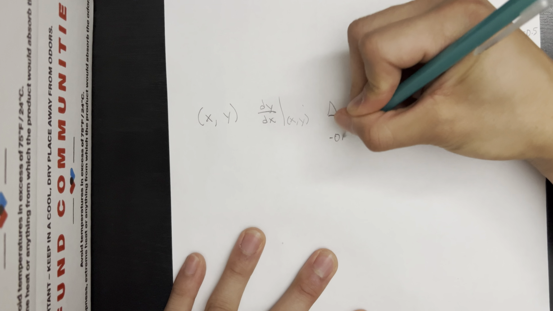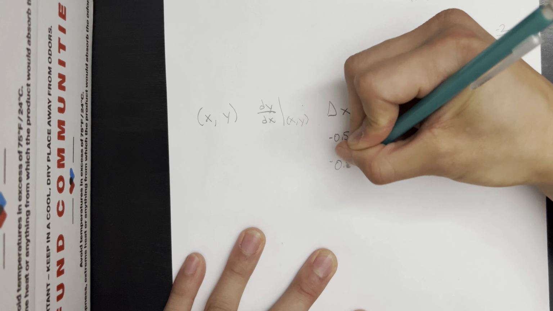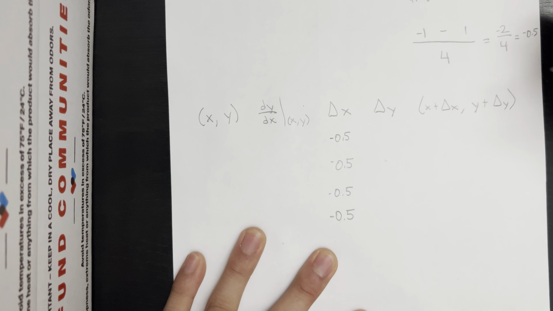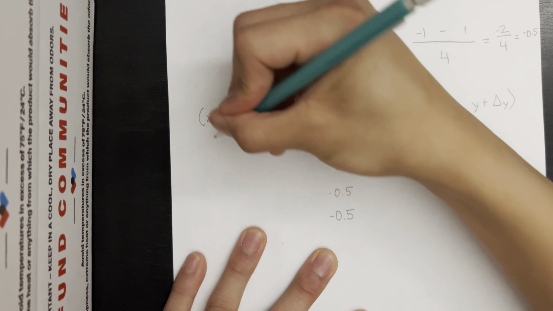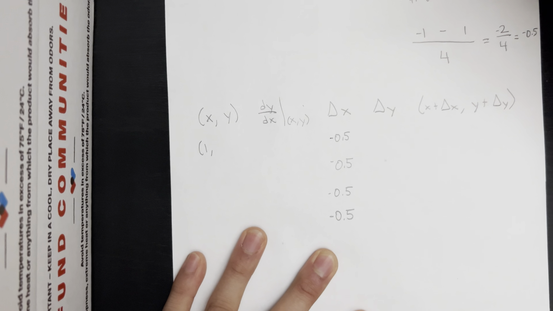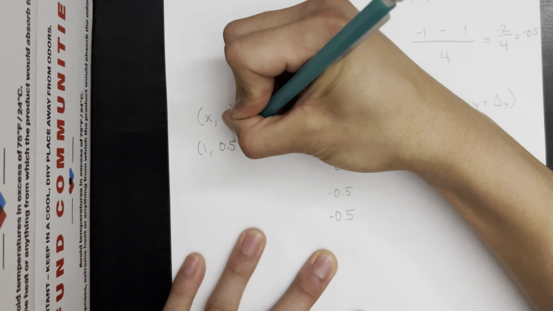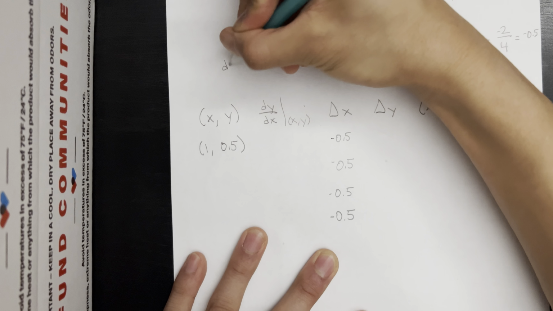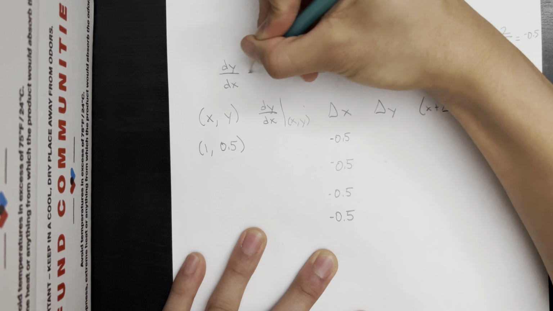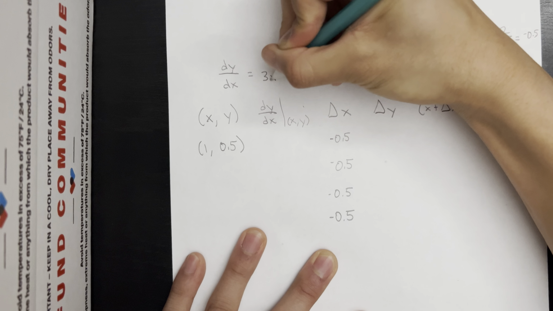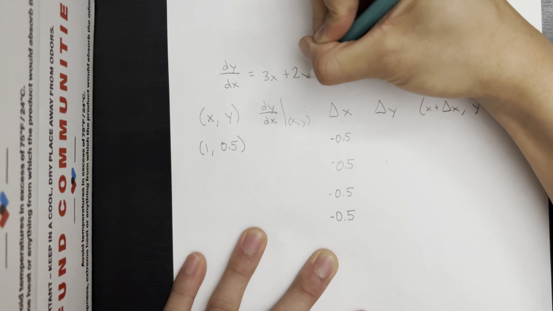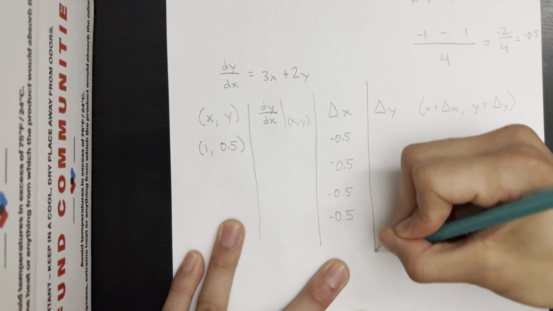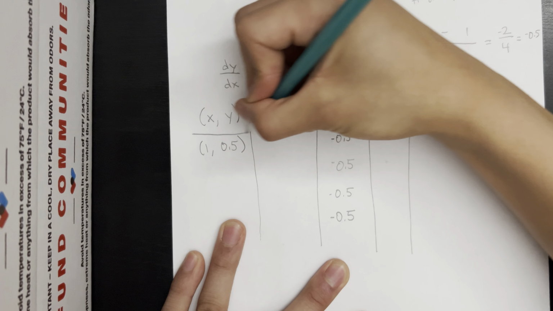So it's going to be negative 0.5, negative 0.5, negative 0.5. And we're starting at 1 comma 0.5. And our differential equation, I'm just going to write here to make it easier to see, is 3x plus 2y. So now that we have this problem set up, all you have to do is start calculating.